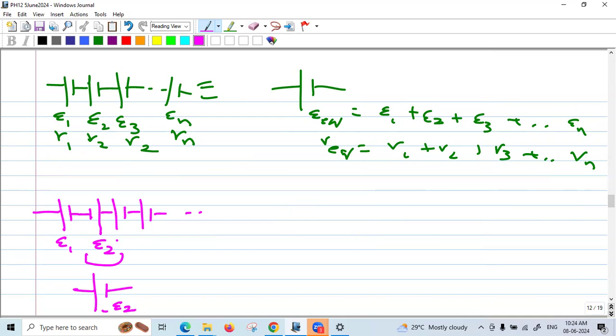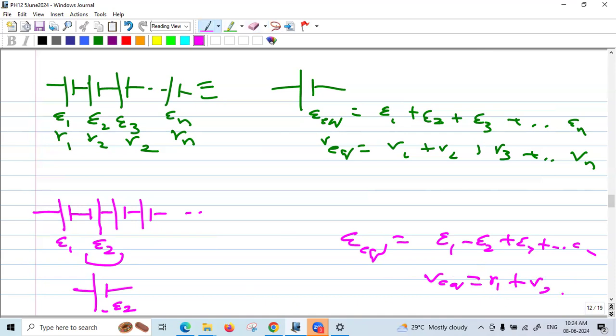So when the polarity is reversed, E equivalent will be E1 minus E2 plus E3 plus E4 and so on up to En. But R equivalent will be just the addition of resistances, R1 plus R2 plus R3. There is no subtraction of resistances; R equivalent is the sum of resistances, there is no minus R2. So whichever cell's polarity is reversed, you just have to put a minus. Suppose E3 polarity is reversed, you just put minus E3. Suppose E10 is reversed, you just put minus E10.